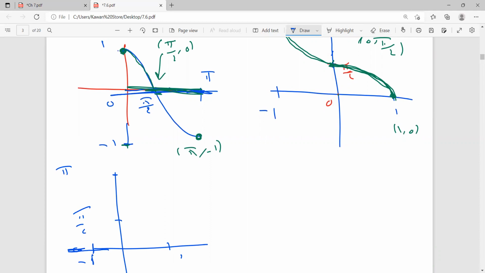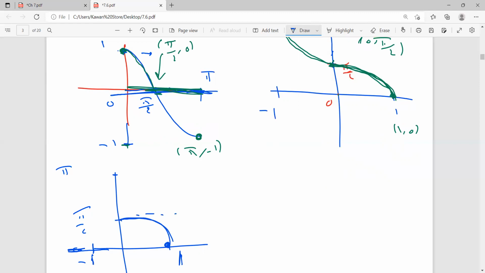From 0 to pi over 2, the graph goes from 1 and back over pi over 2.